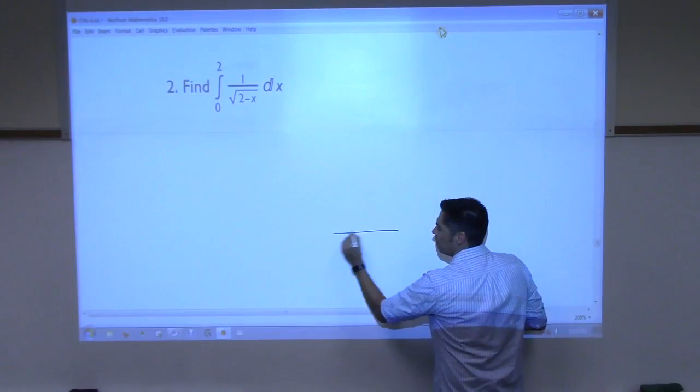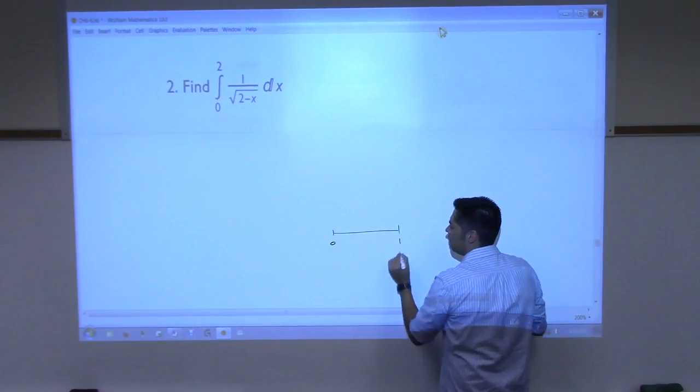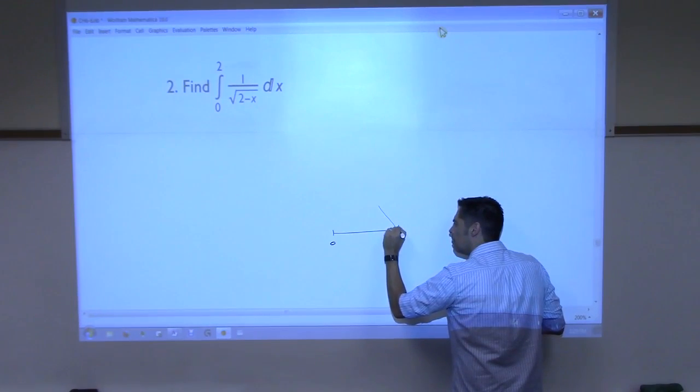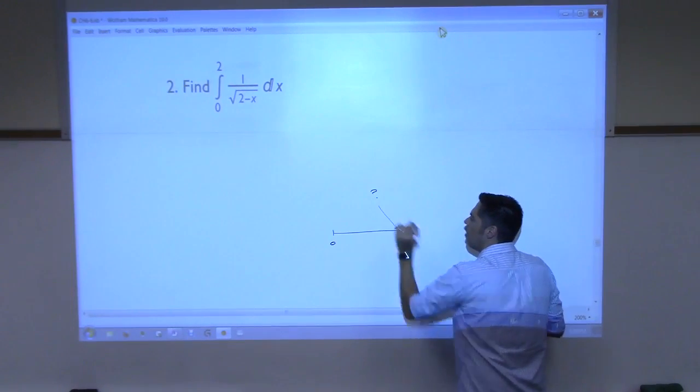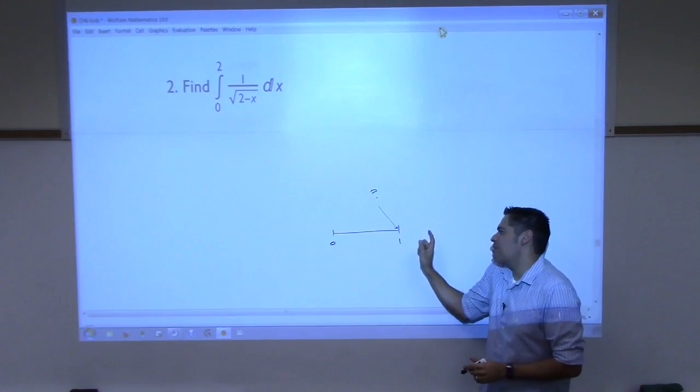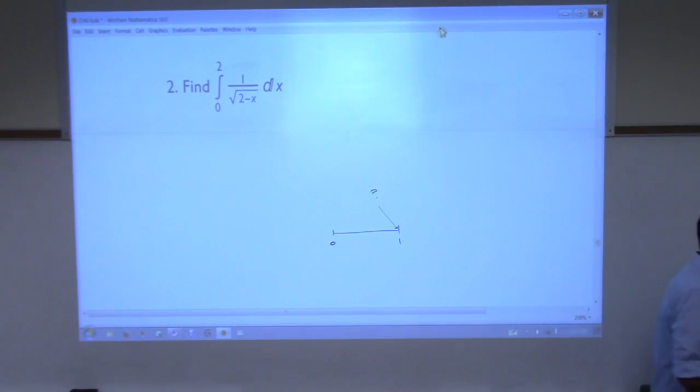If you look at the interval 0, 1, okay. What's the number right next to 1? So here's 1, right? We all know 1 is 1. What's the number right next to 1? 0.999, infinite series of 0.99?